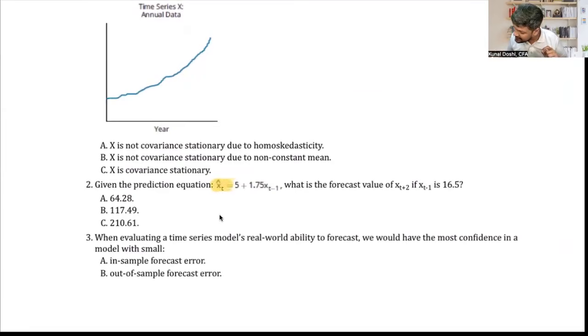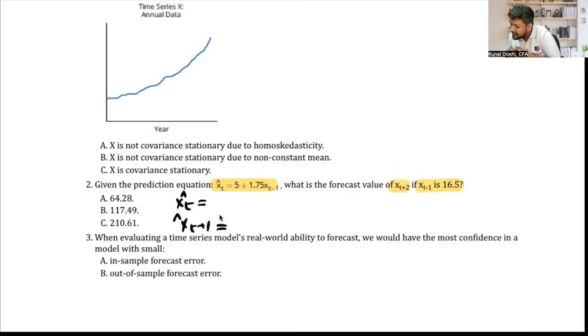Given the prediction xt, what is the forecast value of xt+2 if xt is already provided to me? With xt, I will first get the value of xt+1.